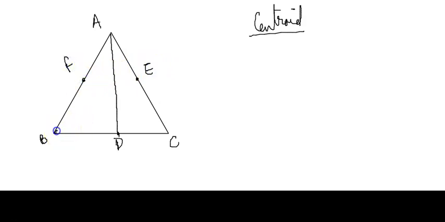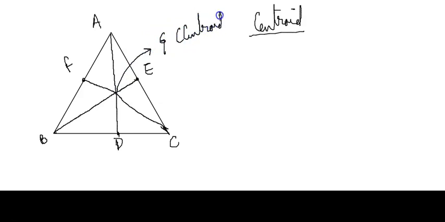The line joining a vertex to the midpoint of the opposite side is called a median. All these are three medians, and the point of intersection of all medians is called the centroid. It is generally denoted by G. One important property of the centroid is that it divides the median in the ratio 2:1.